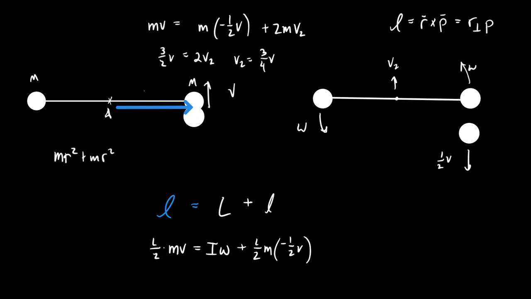And it's from the center, so it's going to be m L over 2 squared plus m L over 2 squared. This will be the moment of inertia of the dumbbell. So that's L squared over 4, 2 of them, so the whole thing ends up being 1/2 mL squared. It's just a lot of work for this little problem.